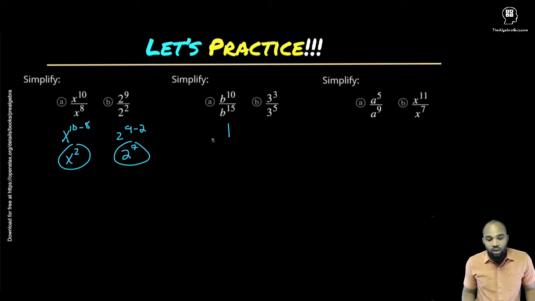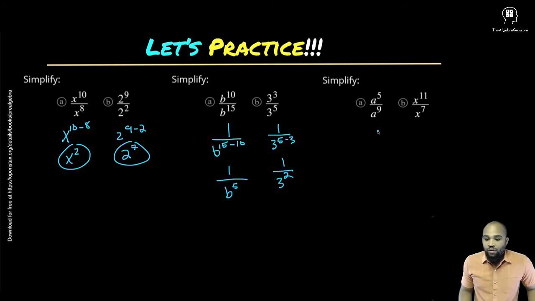So we're going to say 1 over b to the 15 minus 10, which is going to equal 1 over b to the 5th. Same thing, the denominator is larger here, so we're going to say 1 over 3 to the 5 minus the 3, that's the exponent on the numerator, so that gives us 1 over 3 squared.